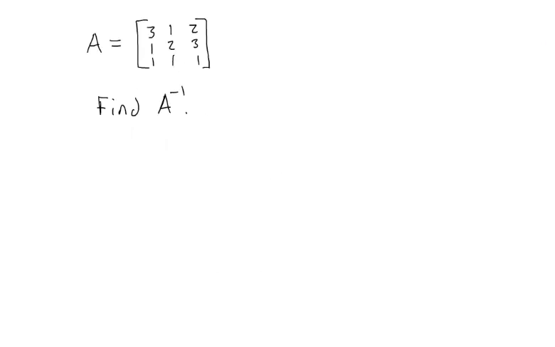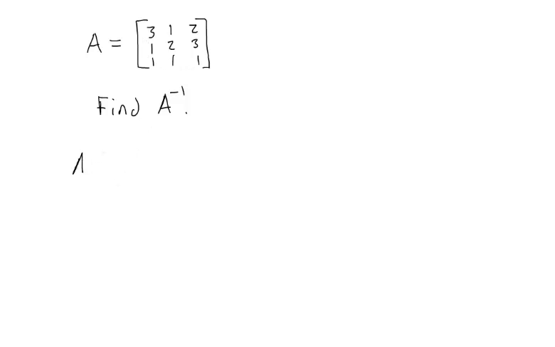Now in the next example, we have A equal to [3, 1, 2; 1, 2, 3; 1, 1, 1], and we want to find an inverse. Now, there's no shortcut for a 3 by 3 or bigger. So the way we're going to do this is we're going to set up our A matrix, and then we're going to use the identity matrix as well.